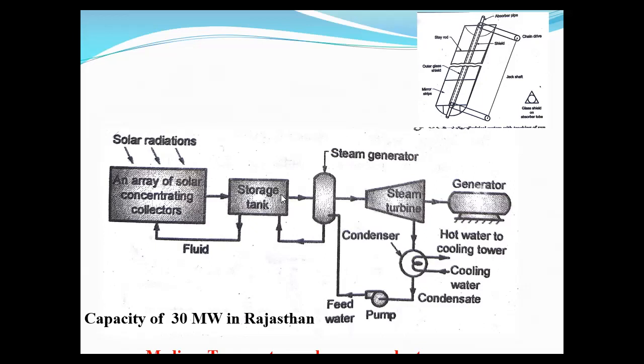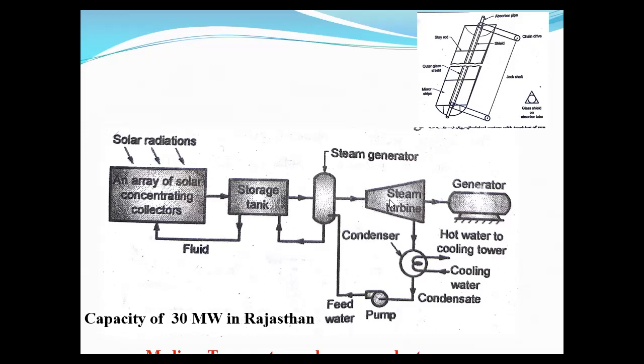And from the storage tank, the working fluid is passed to the heat exchanger or steam generator, where it exchanges heat to the water, and water is evaporated into steam, and that steam flows to the steam turbine, and the working fluid returns to the storage tank.